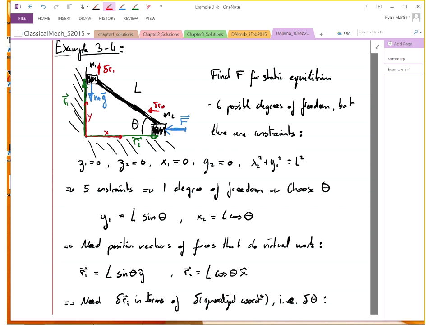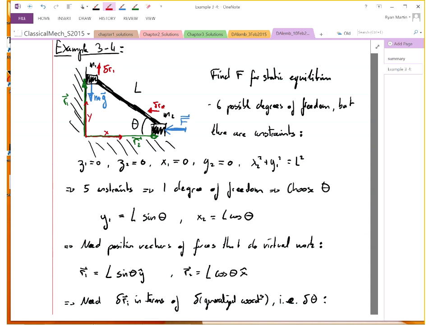The delta R1 and the delta R2 are in, say, a kinematic harmony. It's correct that if I move mass M1 upwards, so delta R1 is positive y hat as in the diagram, then to satisfy the constraint, we have to move M2 to the left, and so that's why its delta R2 points to the left. So these delta R's are constrained to each other. You can't just have delta R1 point independently from delta R2. And so by doing this formally, you can see how they're constrained with each other.